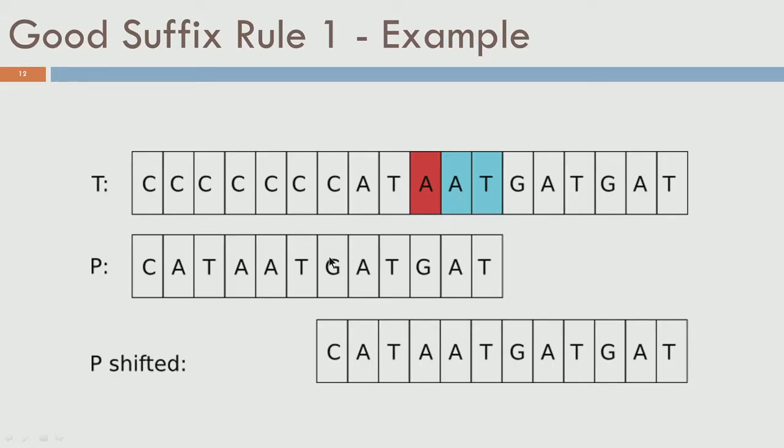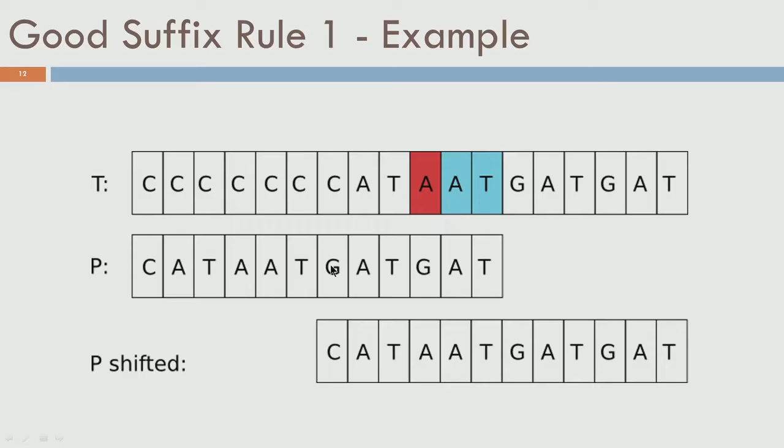So, let us just look at the pattern and t aligned in this fashion. These two match, A and A match. Now, there is a mismatch, and A is this character. If we ask how much should we shift P by, let us check that there is an AT here, and there is an AT here. Of course, this AT could be aligned with this AT, so that could be a shift of a certain amount, but observe that the preceding symbol of this substring is G, and it is the same G which is the mismatch.